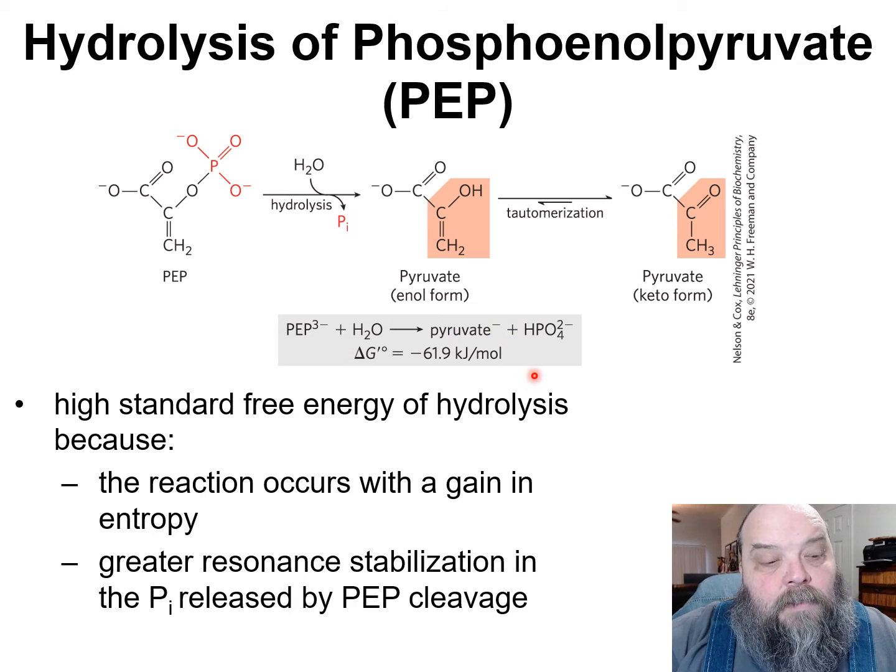PEP to pyruvate. Look how much energy is released there. That energy is coming from this phosphate group, which is being pulled off, and then will be enzymatically attached, substrate level phosphorylation, by an enzyme that's acting as a phosphorylase.